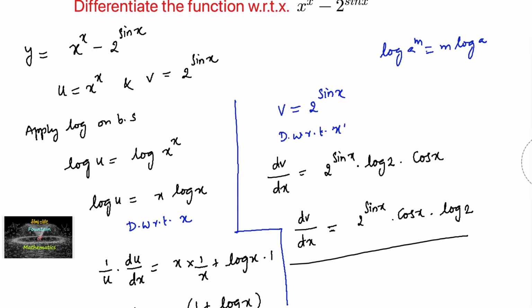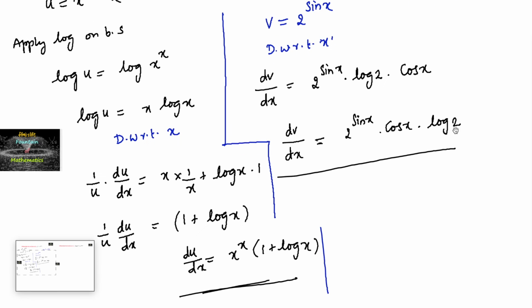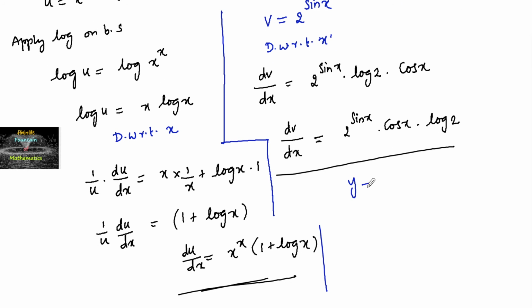And hence we can give the answer. Since y is equal to u minus v, dy by dx is equal to du by dx minus dv by dx.